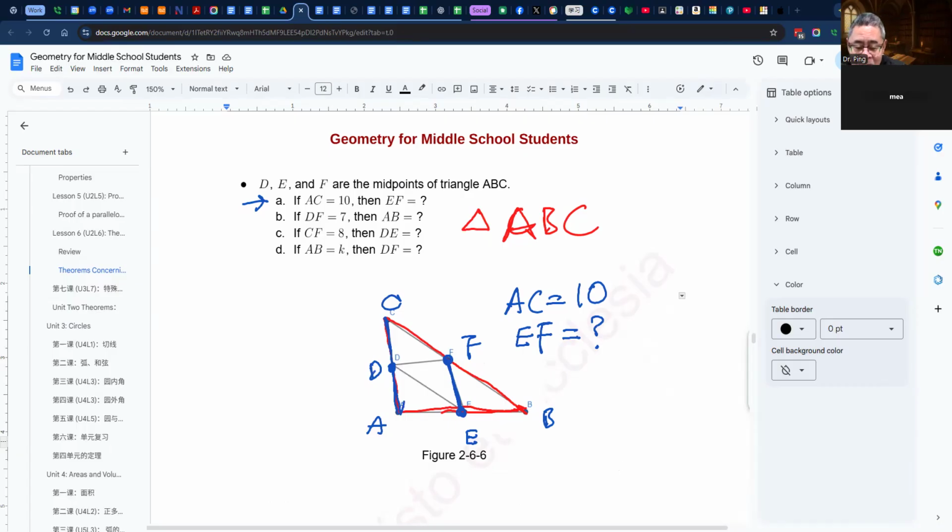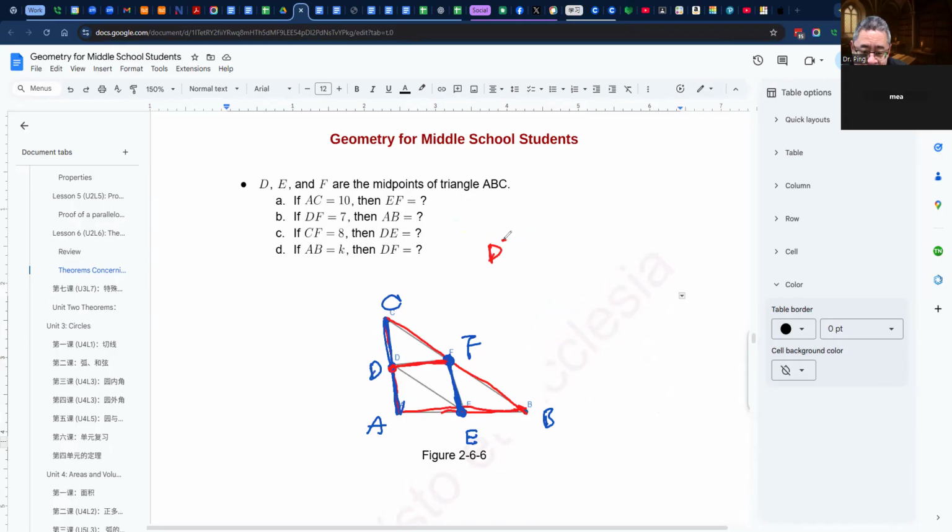Remember, we learned early on, if this side is half of this side, this is the previous theorem we just proved. Very good. Okay, that's our A. Then our B is DF is equal to 7. DF is here. If DF is 7, what happens to AB?